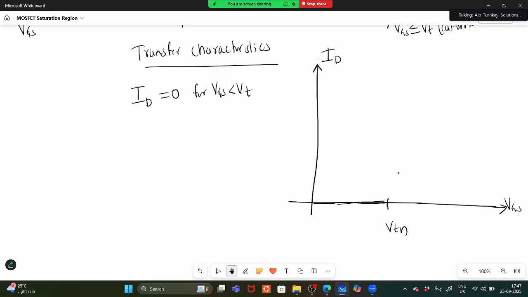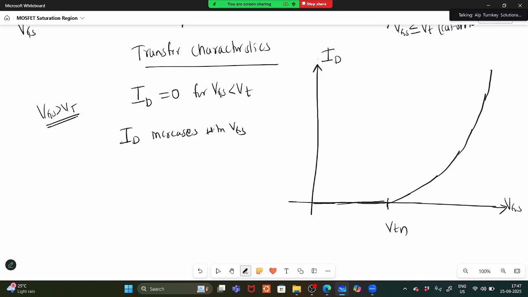Then again it will increase like this. ID increases with VGS. When VGS is greater than VT, the channel is forming, and VDS we are making 0.